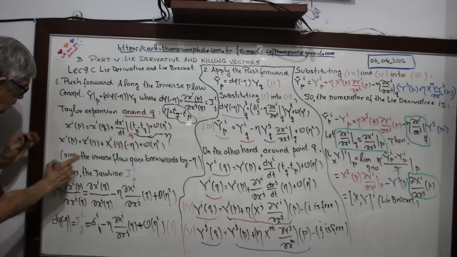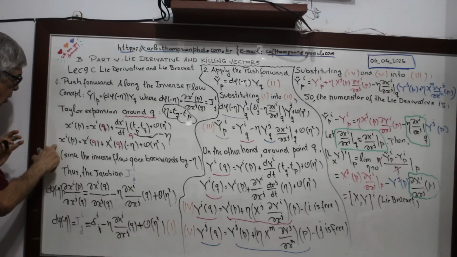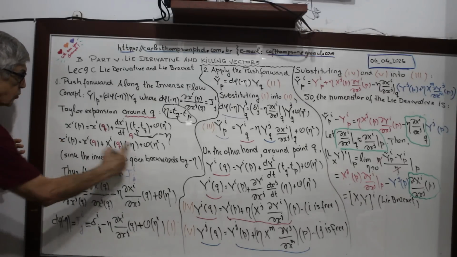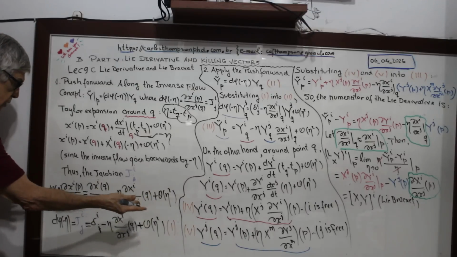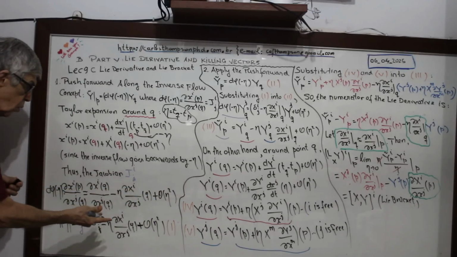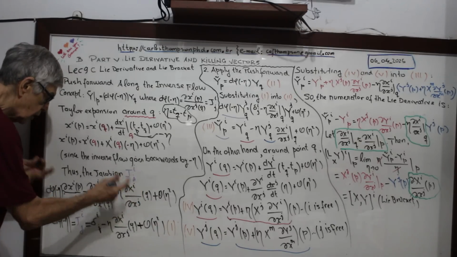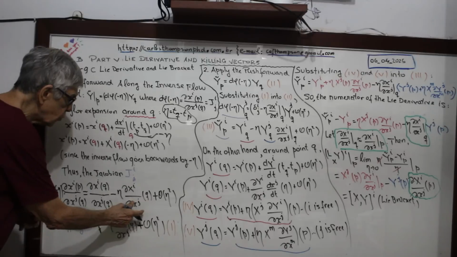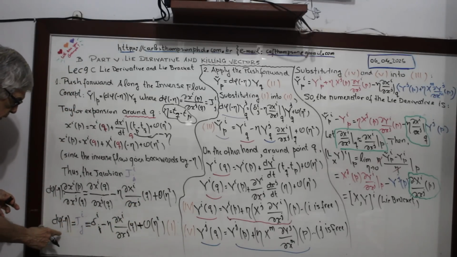This is equal to, I just applied partial of xj at q on both sides, and that is quite easy to see. So this is partial of capital Xi, the tangent vector, with respect to xj.